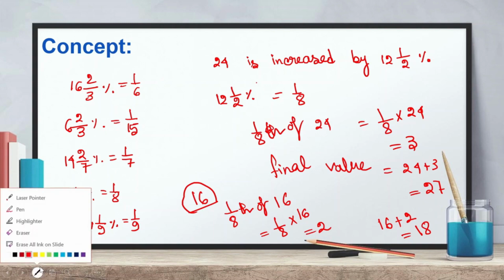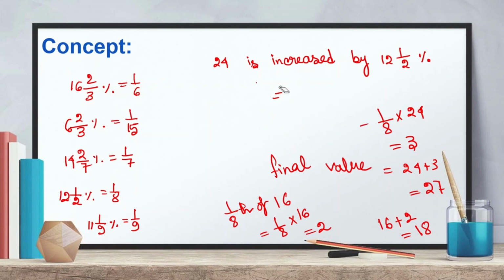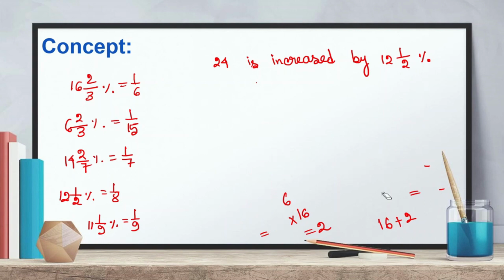Now, what about if the original number is 8? Okay, let's erase these things. Now 12 1/2 percentage is equal to 1/8.